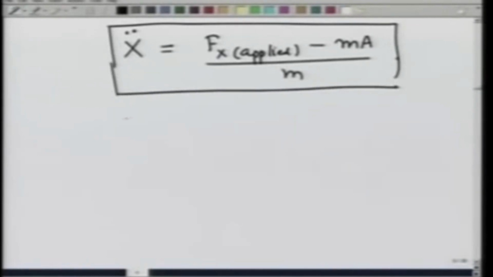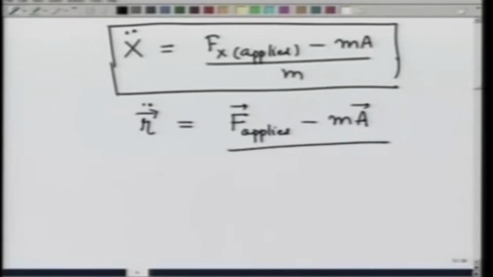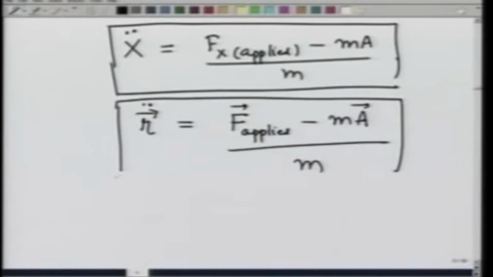In general, let me write r double dot in the accelerating frame as F external or F applied minus m a vector, where a is the direction of acceleration of the uniformly accelerating frame, divided by m. This is going to be my equation of motion in the accelerating frame.